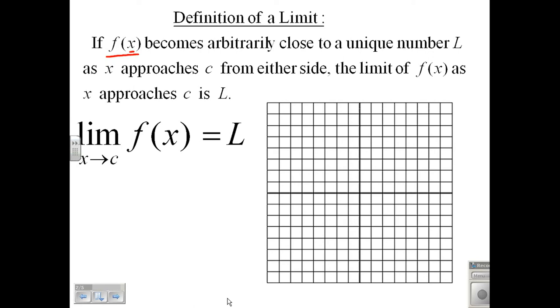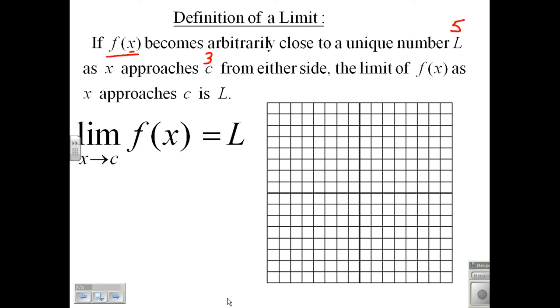If we're going to think of it as the height, this definition says if the height becomes close to a unique number L, let's say, for instance, that unique number is 5. If the height becomes close to a unique number 5, as x approaches c, let's say that c is 3. So let's go back to the beginning.